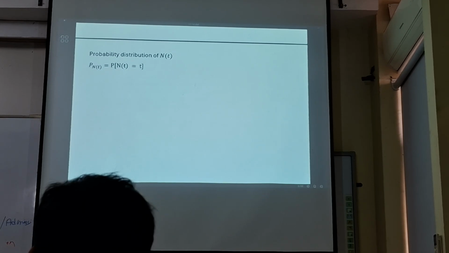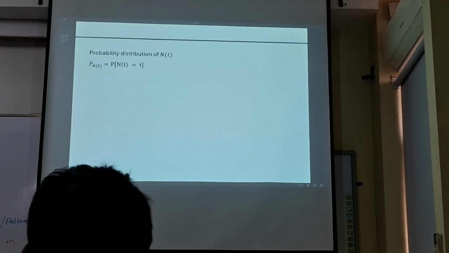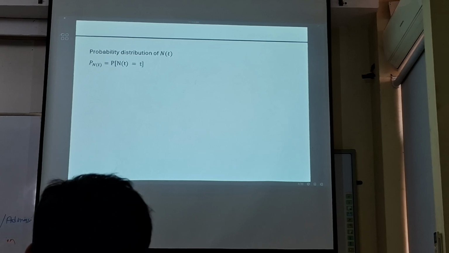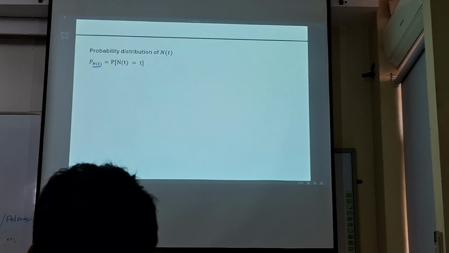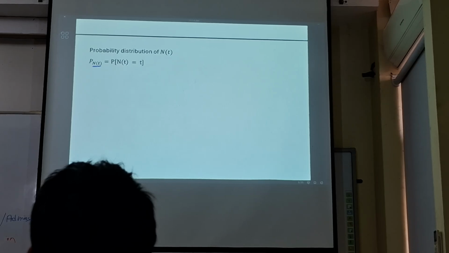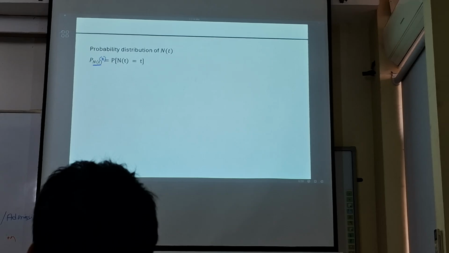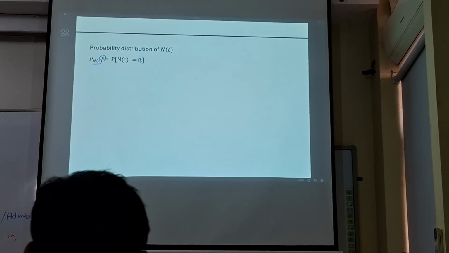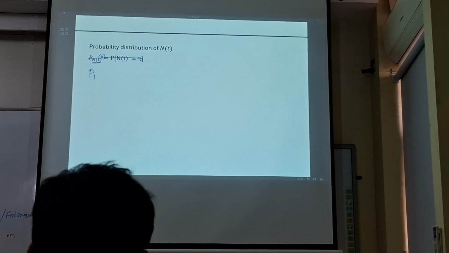Now, our next objective is to find the probability distribution of this one. Actually, one thing is missing here, and we need to have this one. So, let us cut it down and write it correctly.